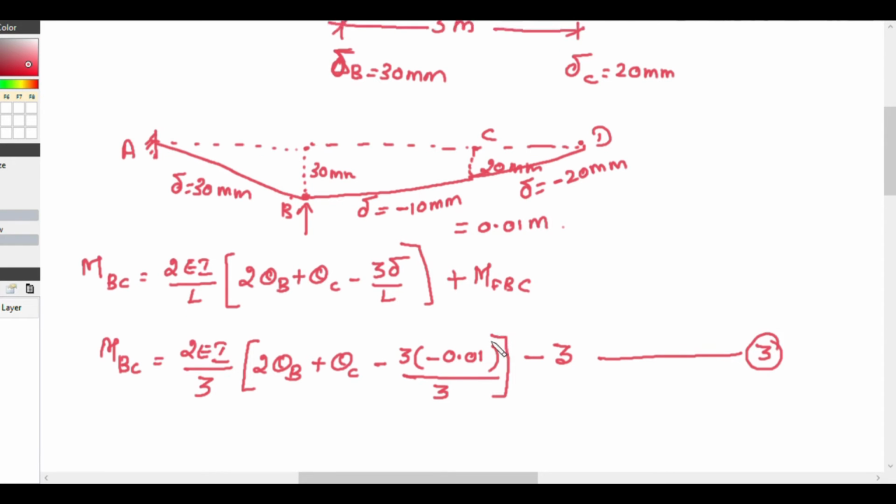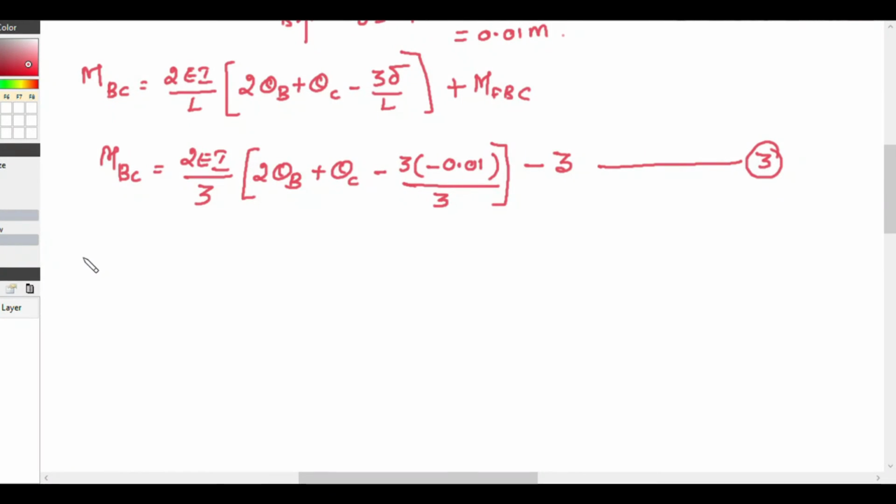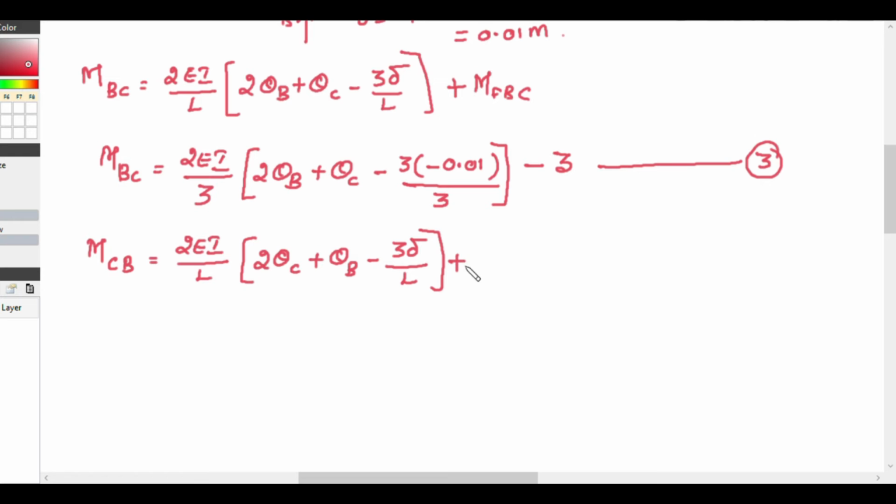Similarly, MCB will be equal to 2EI by L into 2 theta C plus theta B minus 3 delta by L plus MFCB.